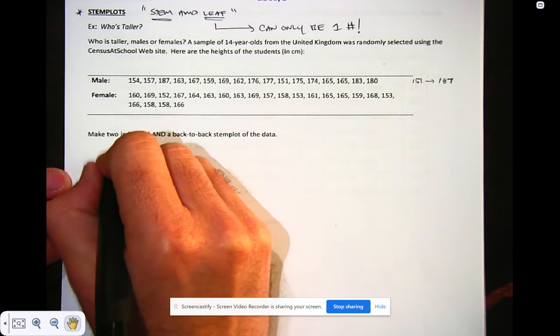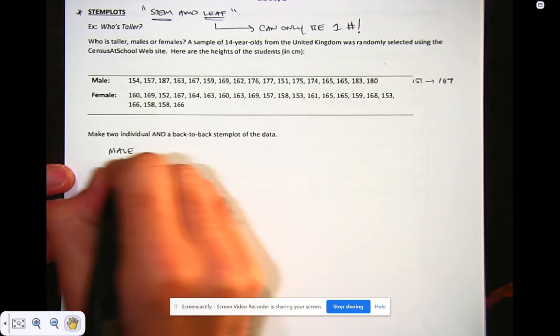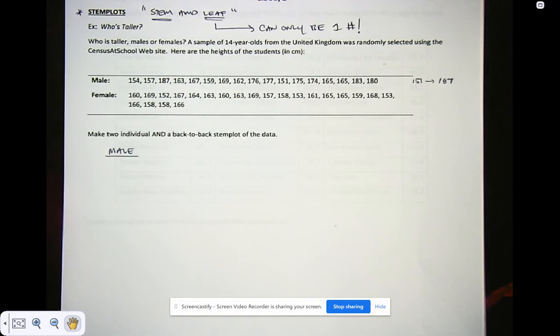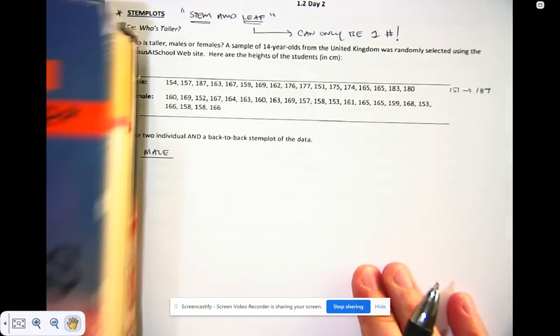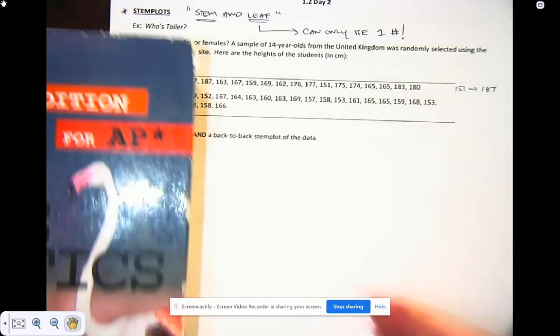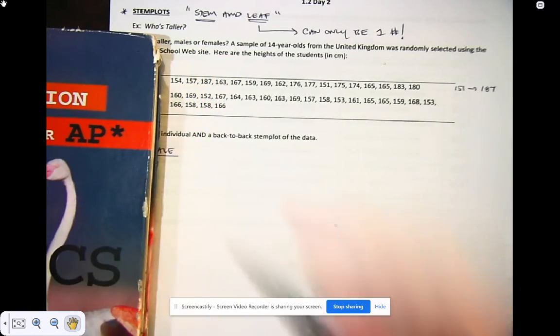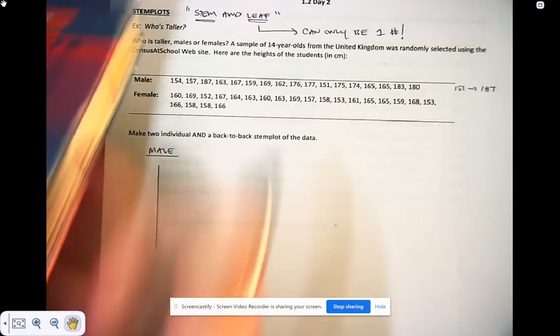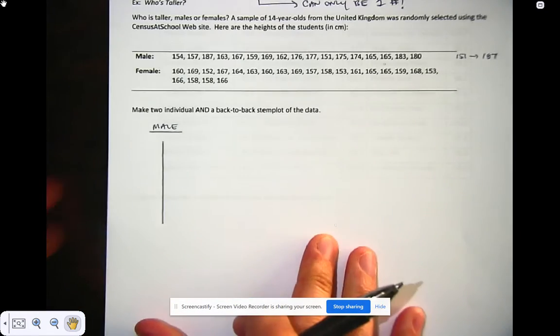Okay, so I'm going to write down male. When you do a stem and leaf plot, you want to use some type of straight edge. I'm just going to use the textbook because it's right here in front of me. So all I do is draw a straight line down. Then we're going to put the stems on the left.